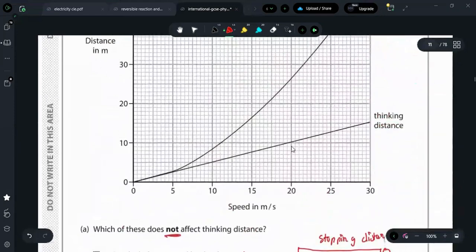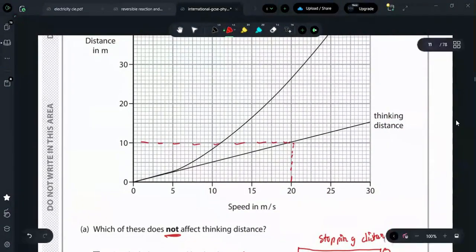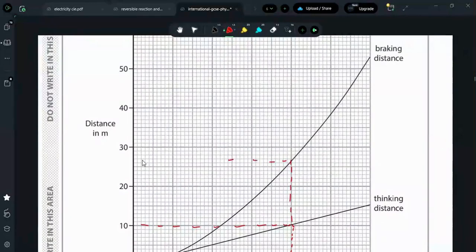Moving to the graph, at 20 meters per second, my thinking distance is 10 meters. And at 20 meters per second, my braking distance is probably 26.5, I guess. Yeah, 26.5.